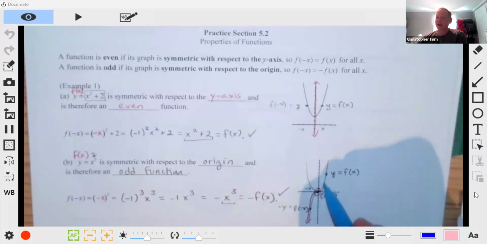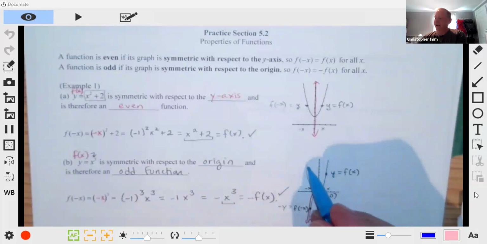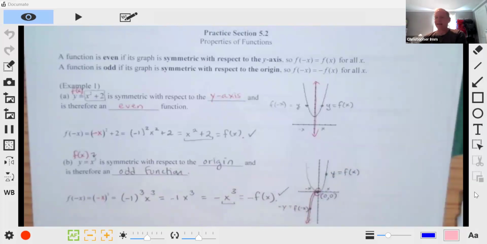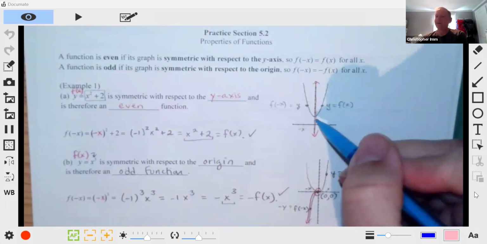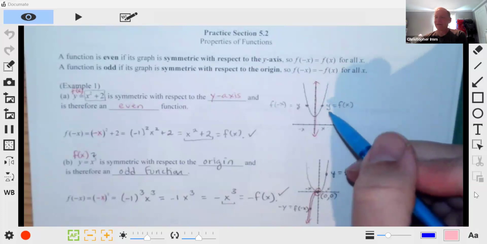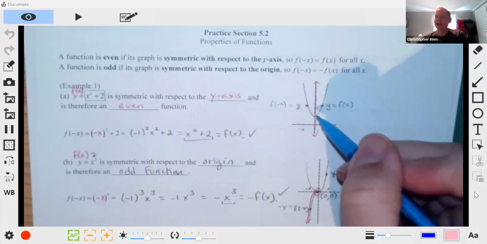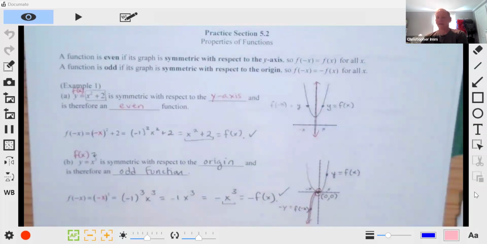If I could plot part of this function, if I know it's an odd function, the other part on the other side would be flipped about the y and the x-axis, and you would be able to plot that second part for free, essentially. Similarly up here, I plot one part, and then I flip it about this y-axis, and I plot that second part of the function. Right, hope this has helped.